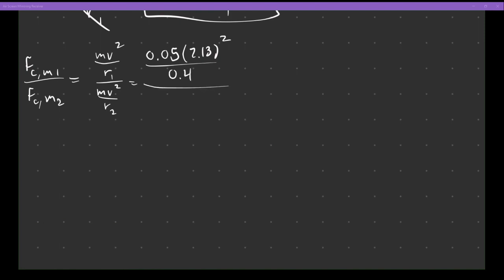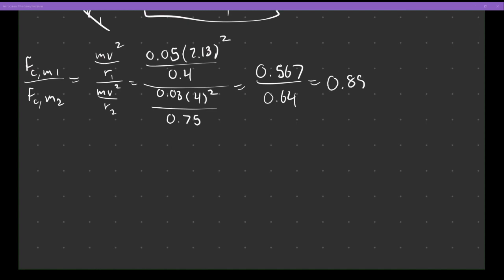Divide all that by the mass of the outer block, 0.03. The velocity for it is given in the questions, 4. Square that, radius is 0.75. Plug the top into the calculator, you should get 0.567. And then plug the bottom into the calculator, you should get 0.64. And then 0.567 divided by 0.64 is 0.886, which should be the ratio between FC for M1 and FC for M2.